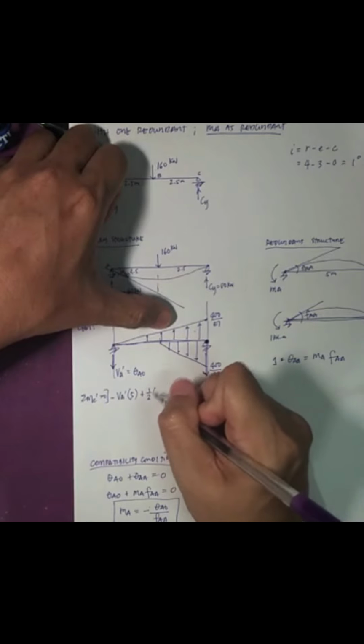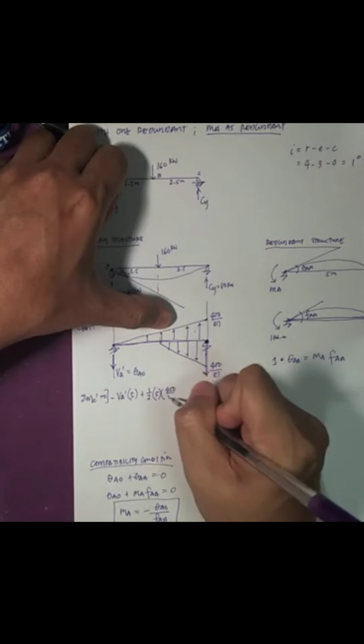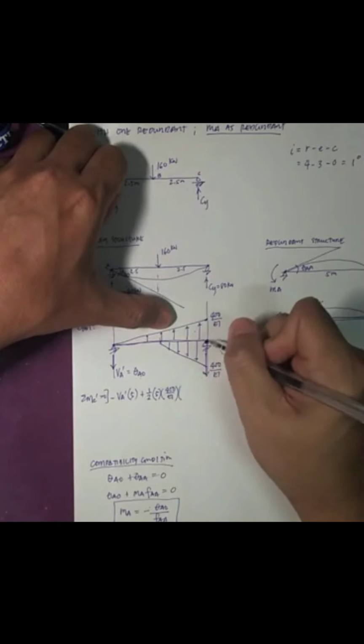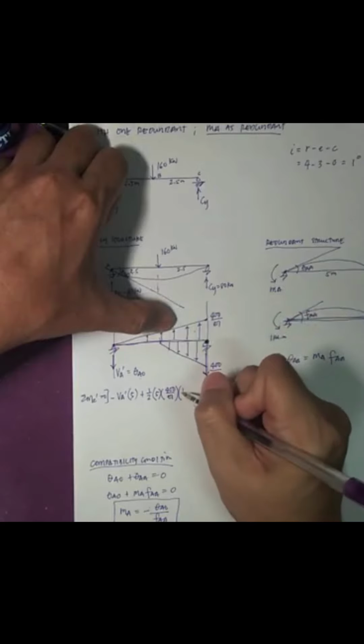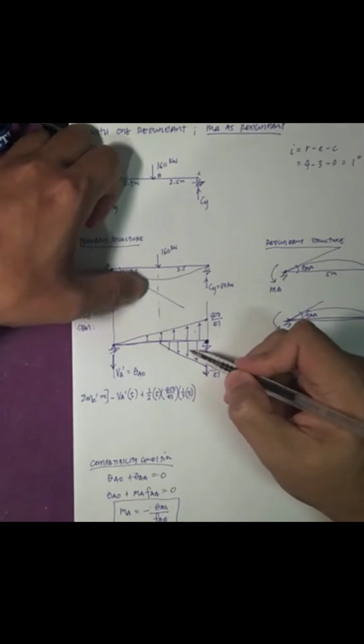1/2 the area of the triangle, 1/2 the base is 5 and the height is 400 over EI, and the moment arm from this point is 1/3 of 5. How about the triangle below here?